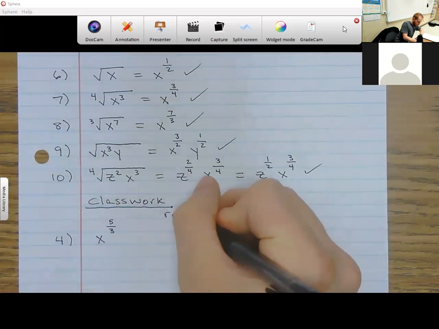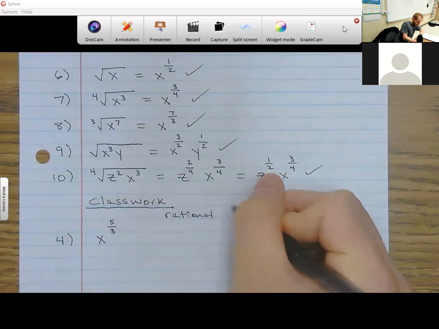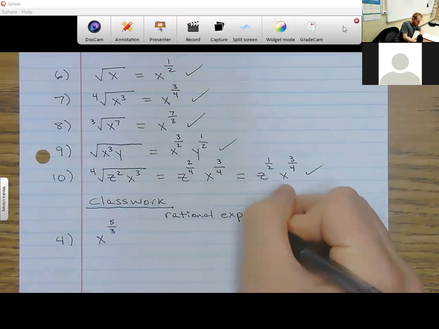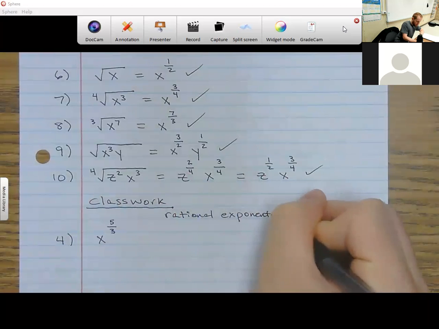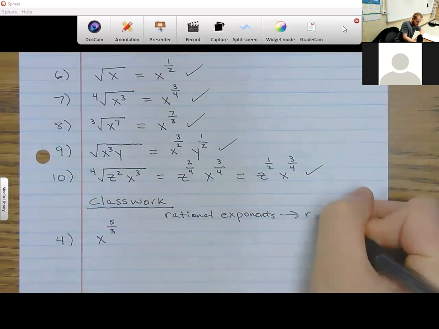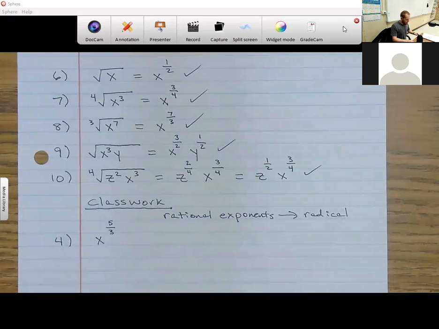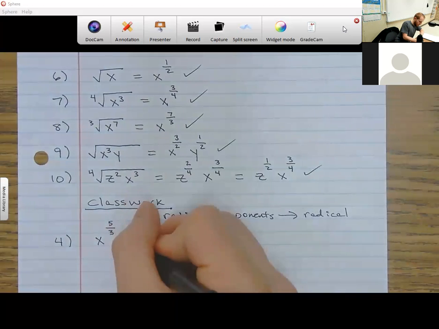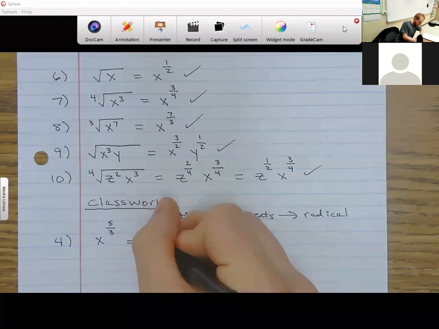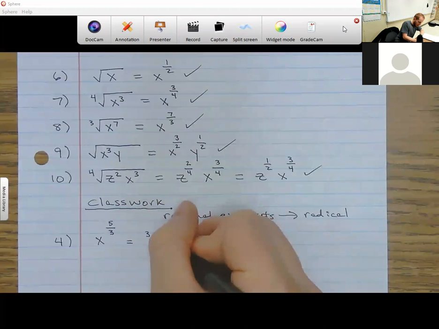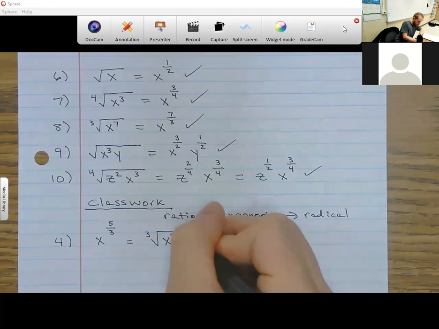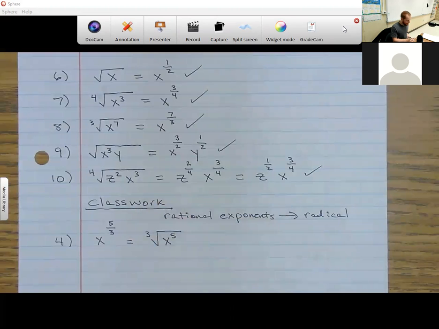So we're going from rational exponents to a radical. Okay, so what's going to happen? We're going to have a cube root because we have a 3 at the bottom. And we're going to have x to the 5th power because the 5 is on top.